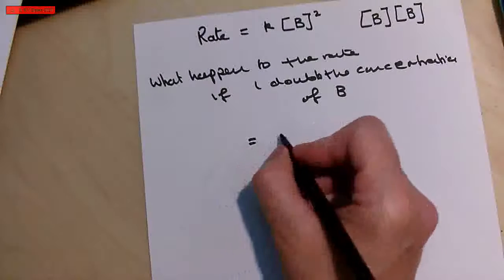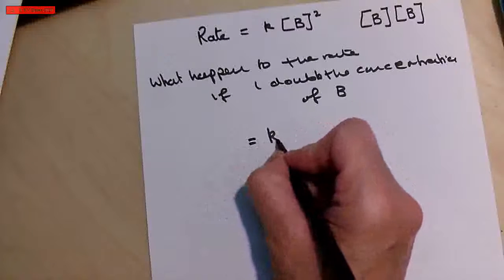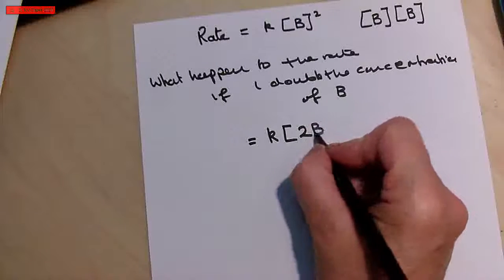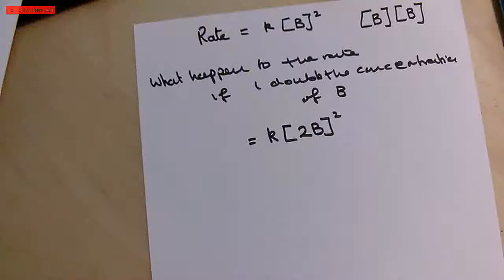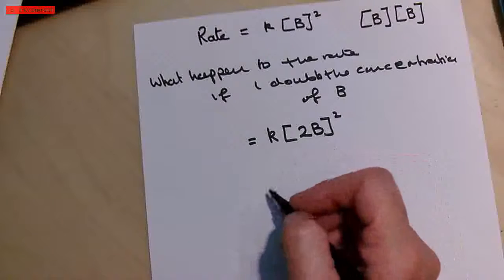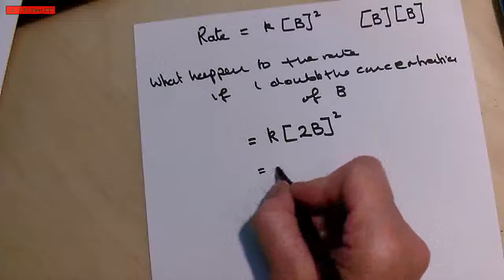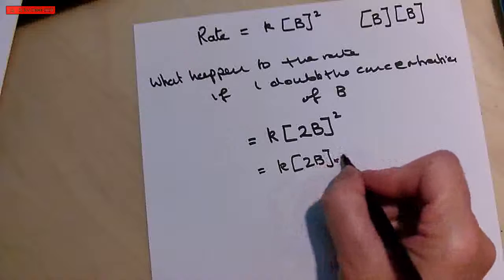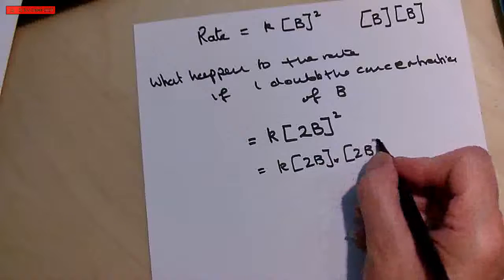So I'm going to rewrite this again. So the concentration is twice our initial concentration. So I'm using 2 times the concentration of B. So what does this actually mean? So K is 2B times 2B.